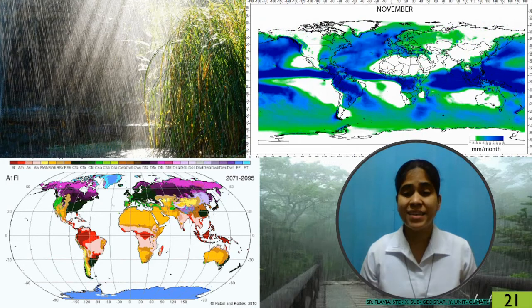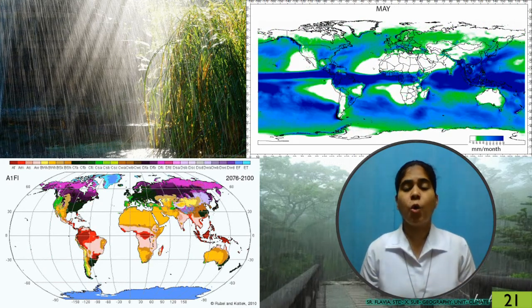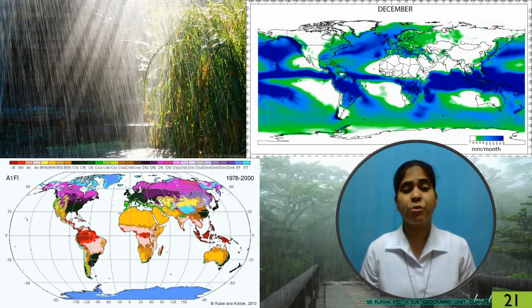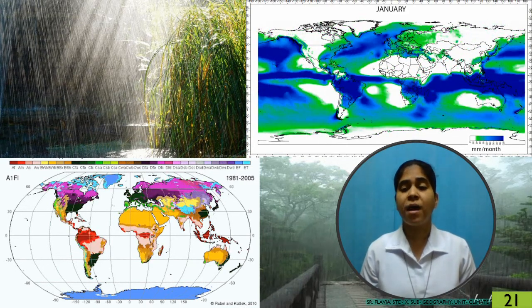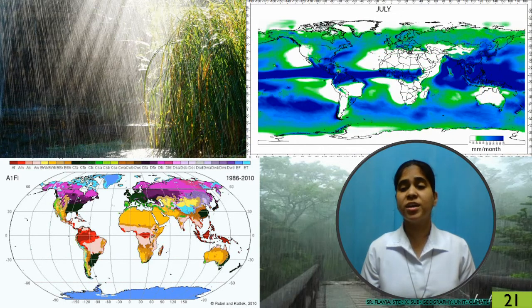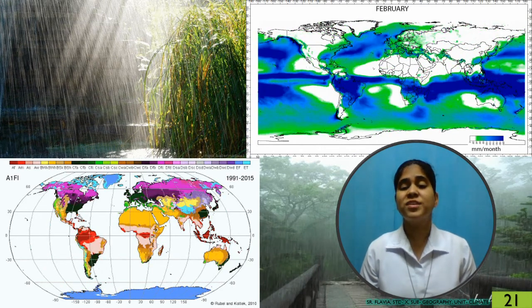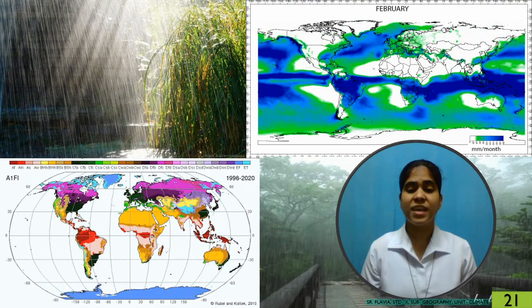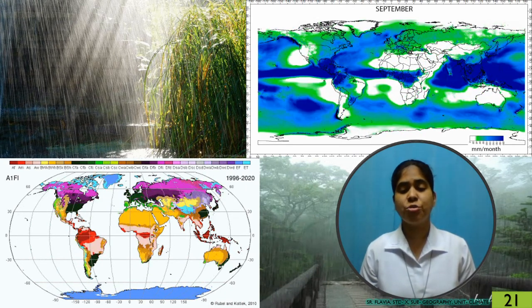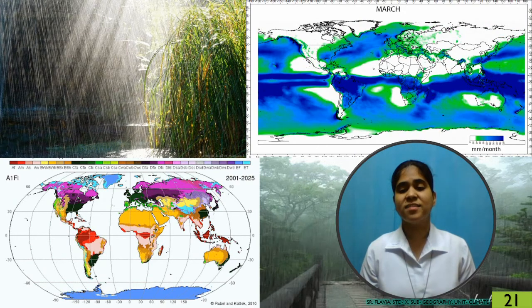So let's maintain a good relationship with our planet Earth and protect the natural beauty and resources of our Mother Earth for the future generations. So today we have learned about the climate of Brazil and India in our geography lesson, that is climate.